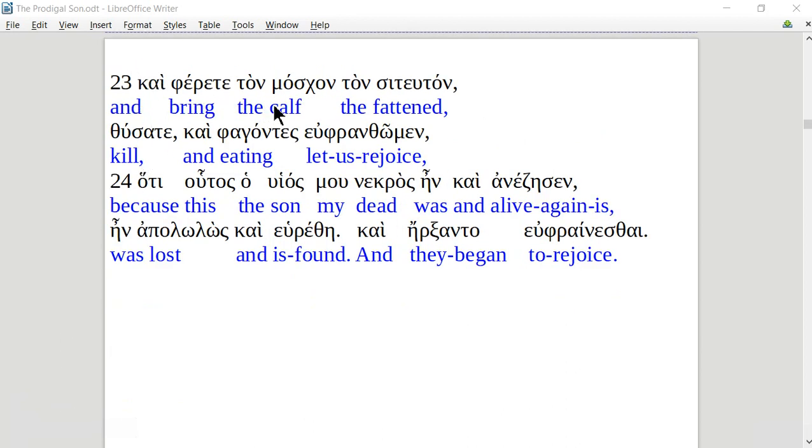Kai ferete, and bring ton moschon ton siteuton, the fattened calf. Kill it, we'd have to say, and eating, let us rejoice. So we'd say, and let's eat it and rejoice, because this the son my was dead and is alive again. He was lost and he is found. And they began to rejoice.